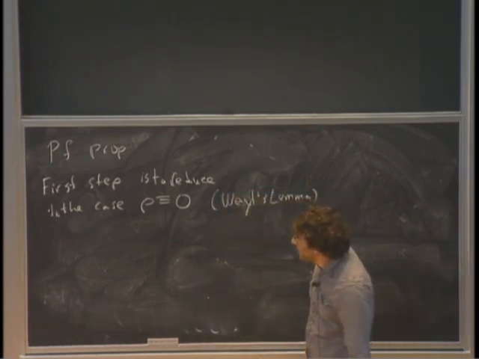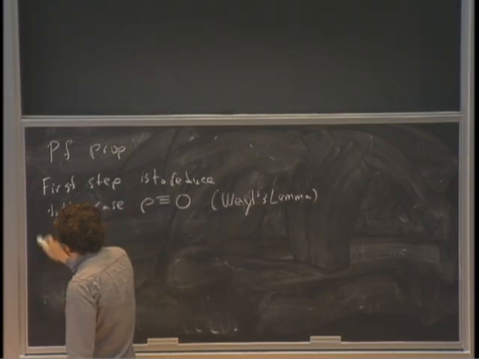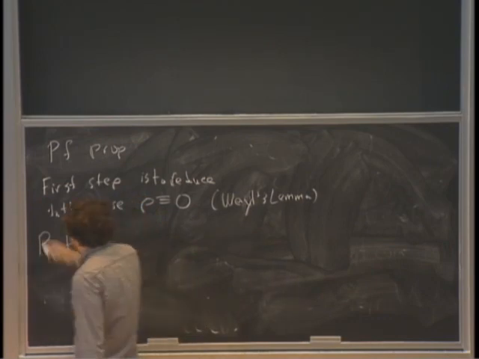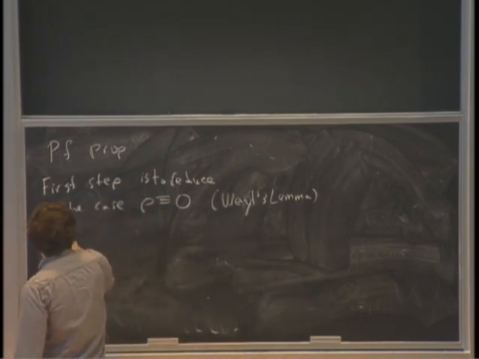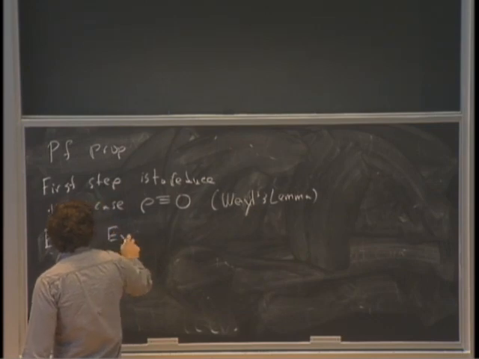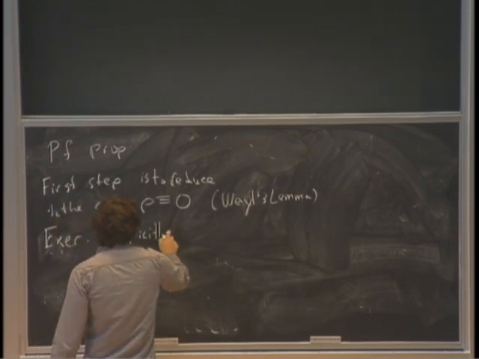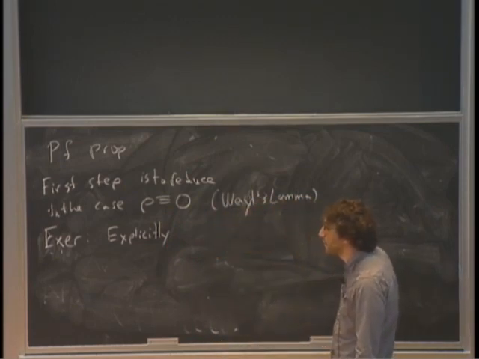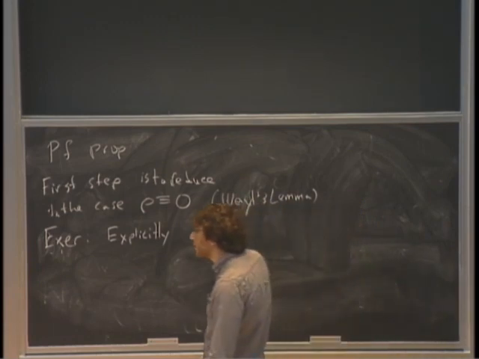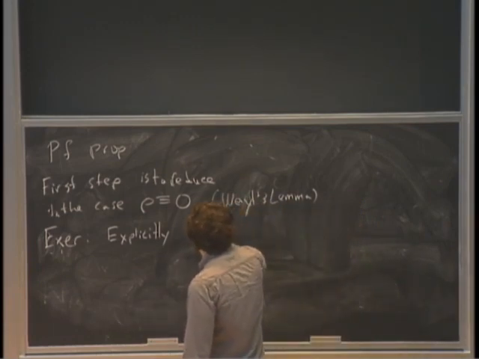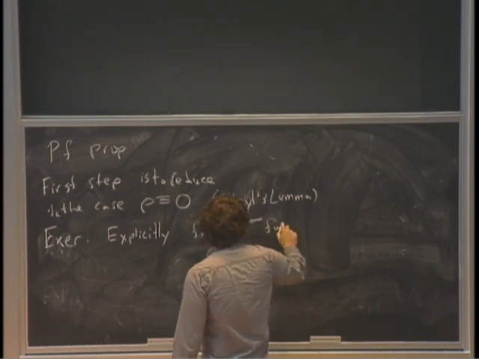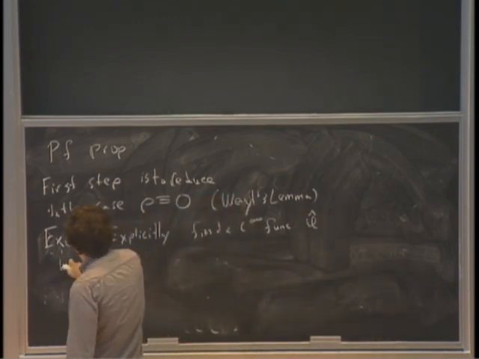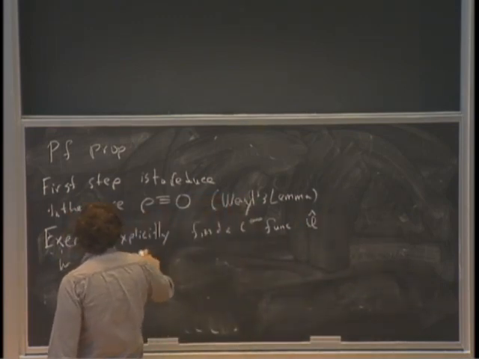And the point, maybe not the point, but it's an exercise, as I said, is that you can explicitly, using whatever your favorite method of solving linear PDEs is, for example looking at the kernel or using the Fourier transform, find a C infinity function, say phi hat, with Laplacian phi hat equal to rho.